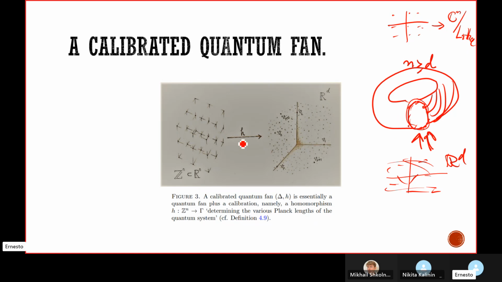But anyway, I have an H from Z to the N to Rd. The image of H is the quantum lattice.